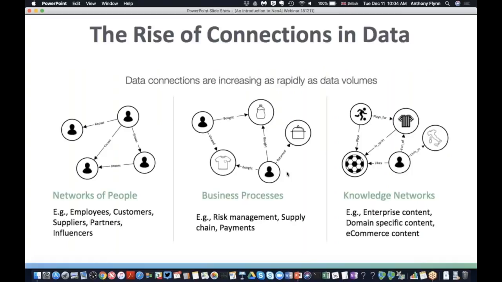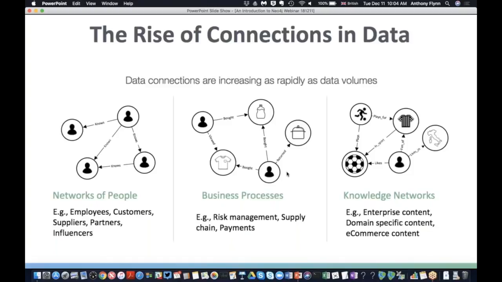So what do we mean by connected data? Well, it comes down to networks typically. For example, you may have networks of people, you may be interested in organizational structures, you may be interested in supply chain, you may be interested in understanding how partners and suppliers relate one to another, and how customers take advantage of a particular service.